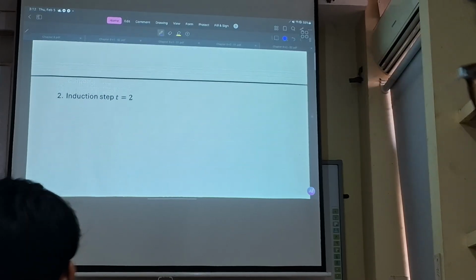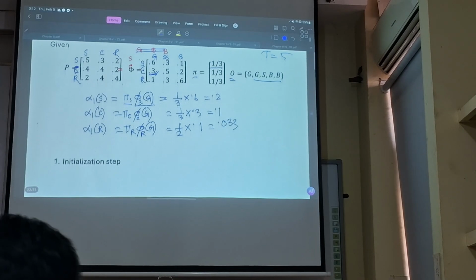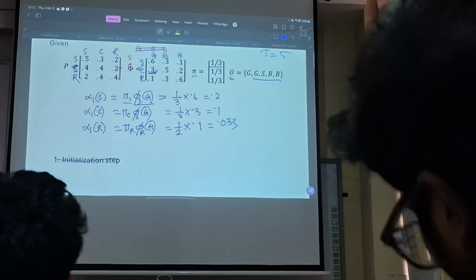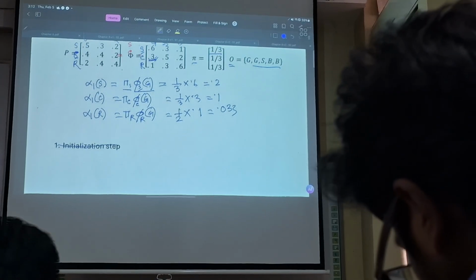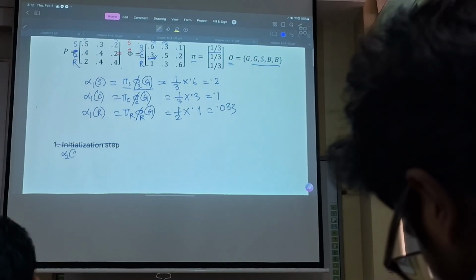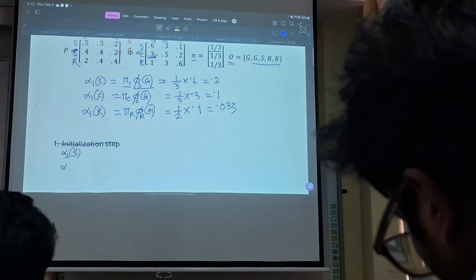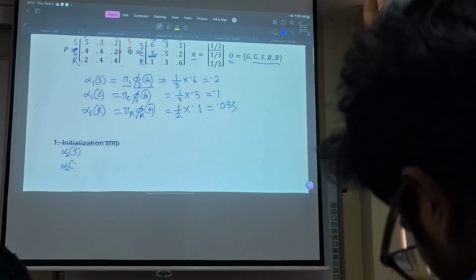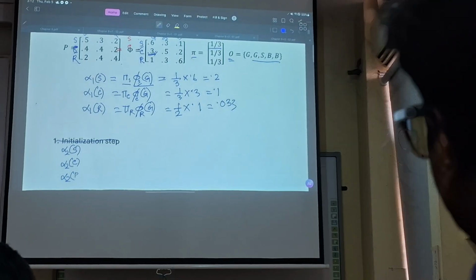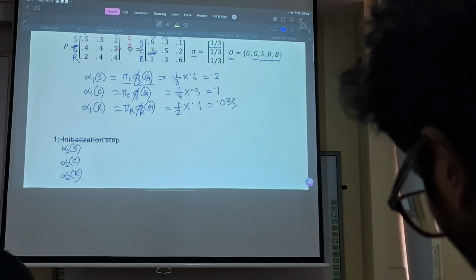Now, if we consider step 2, let's do it here. Then we need to calculate the values of what? Alpha 2 of S, alpha 2 of C, calculate always alpha 2. What is alpha 2 of S?